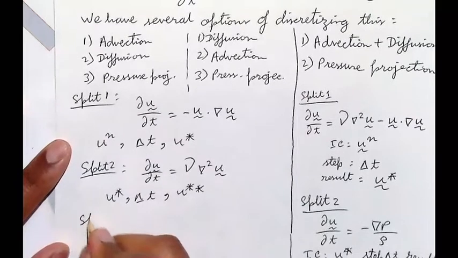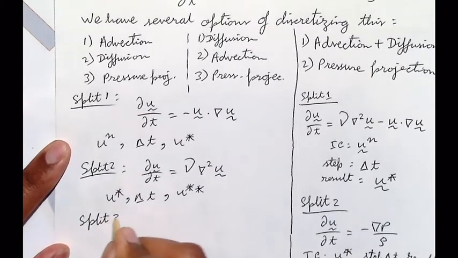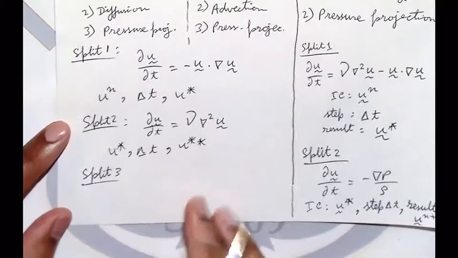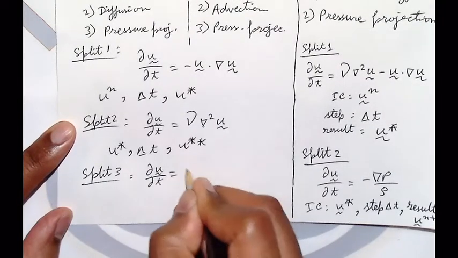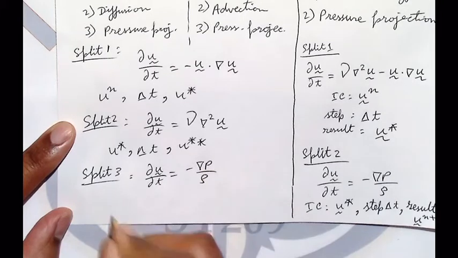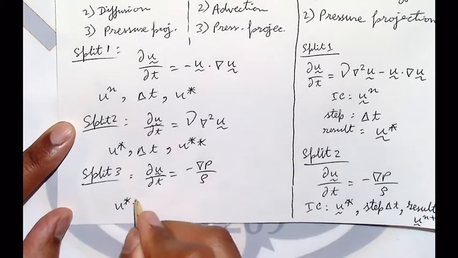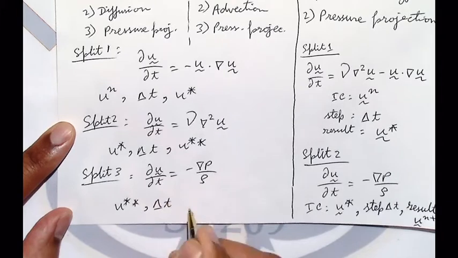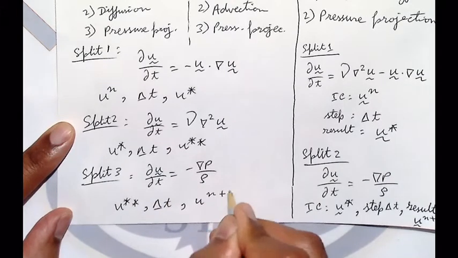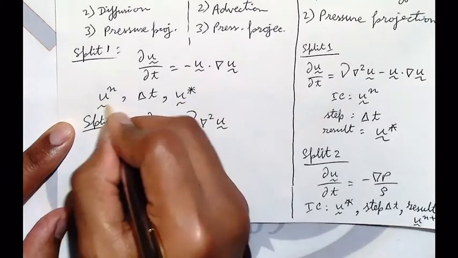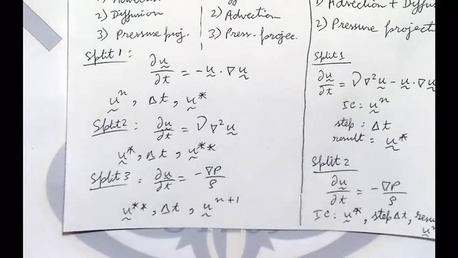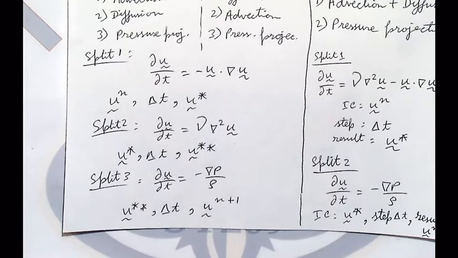And for the final step, split 3 is the same as in the right hand column: du/dt is minus nabla p over rho. Initial condition u star star, step size delta t, final result u n plus 1. Is it clear? Everything makes sense? So that's how you solve the Navier-Stokes momentum equation.